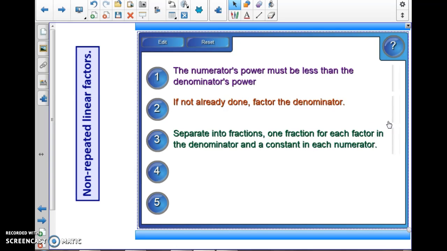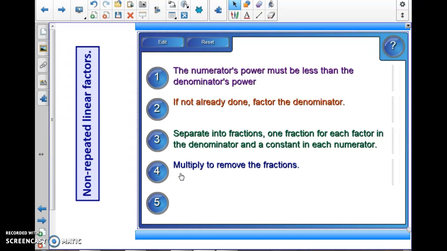Step 3, you're going to separate into fractions, and you'll create one fraction for each factor in the denominator, and a constant will then go in the numerator for those fractions.